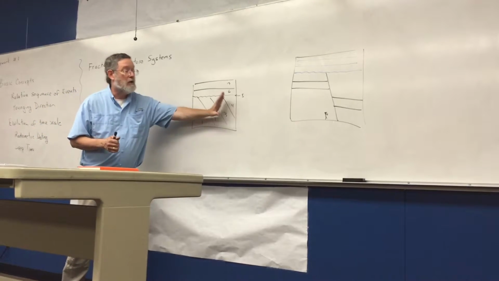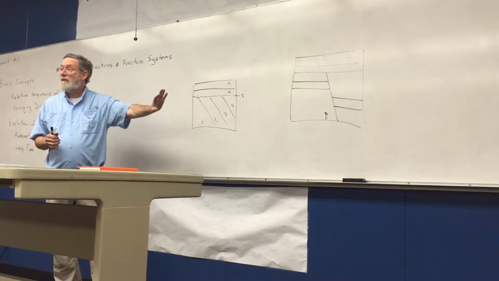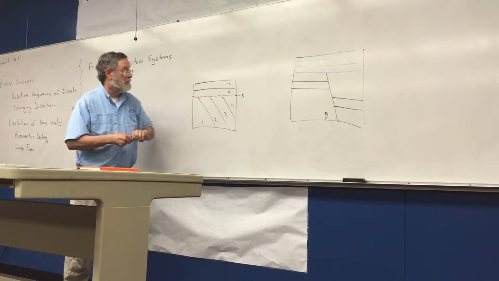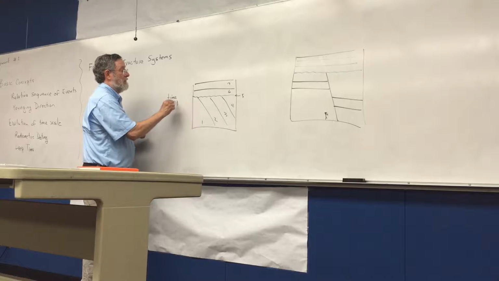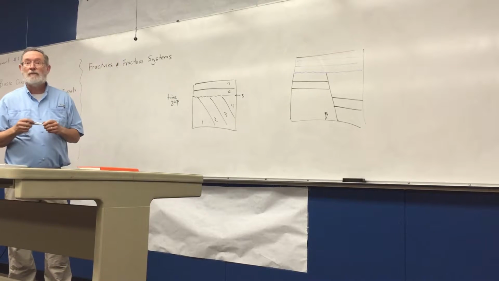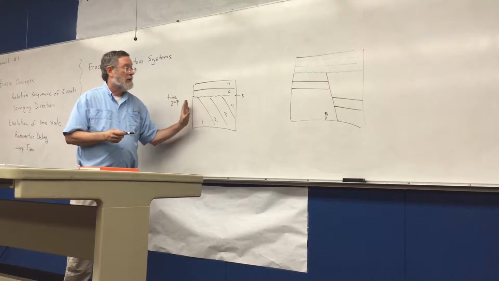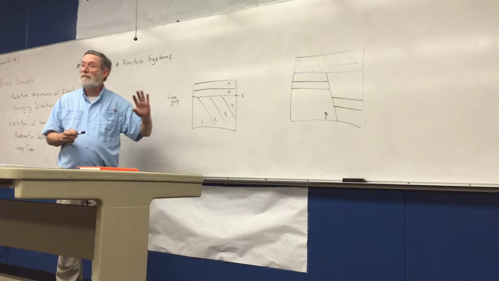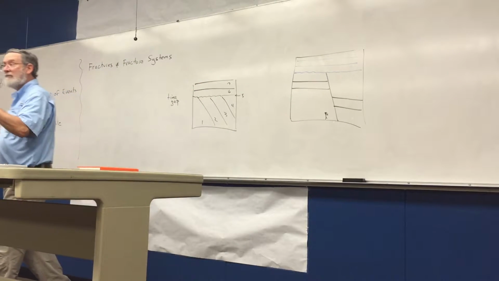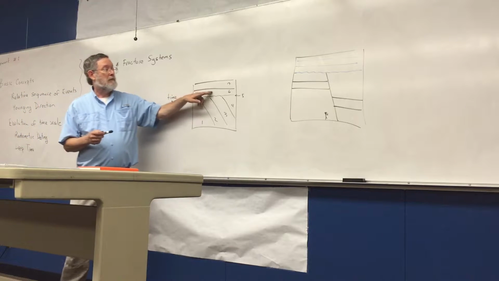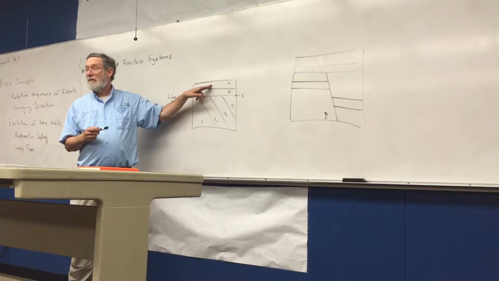We use continuity. We realize that this represents a time gap in our system where there was uplift, tilting, erosion, and then we deposit the younger, much younger systems here.